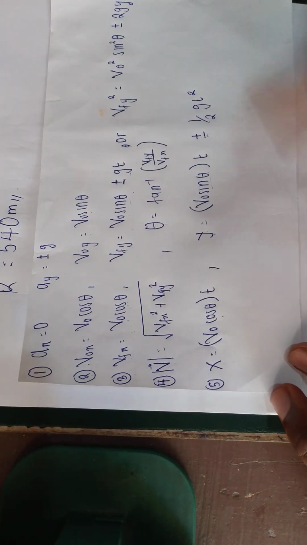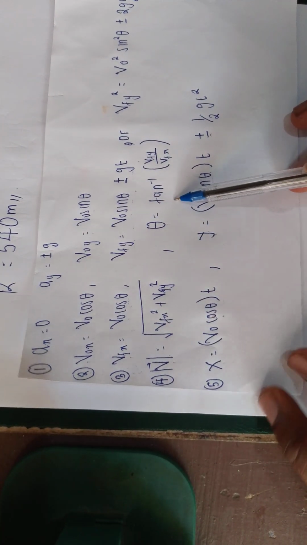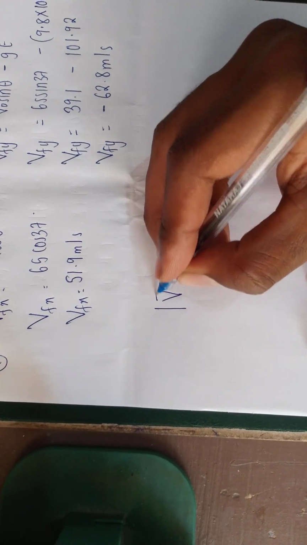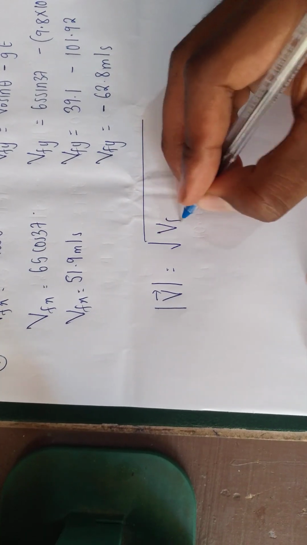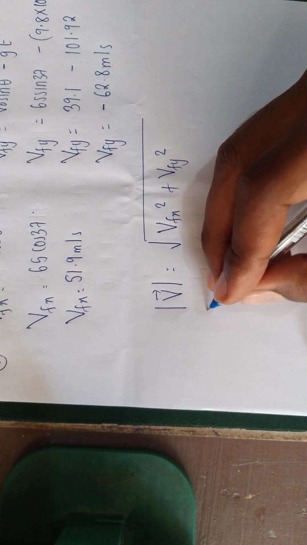So now that you've calculated the final velocity in the x and the final velocity in the y, you can calculate the magnitude and the direction. So you can say the magnitude of the final velocity will be given by the square root of the final velocity in the x squared plus the final velocity in the y squared.